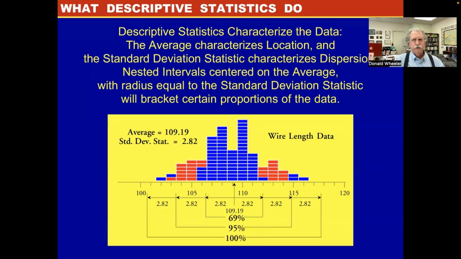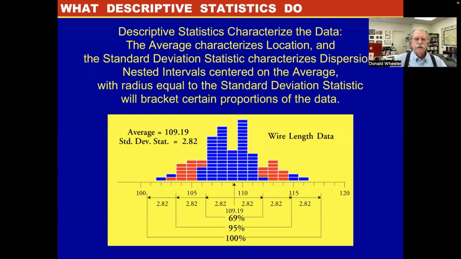What descriptive statistics do: descriptive statistics characterize the data. The average characterizes location, and the standard deviation statistic characterizes dispersion. So nested intervals centered on the average with radii equal to some multiple of the standard deviation statistic will bracket certain proportions of the data. Here we have the wire length data, the average 109, the standard deviation 2.8.